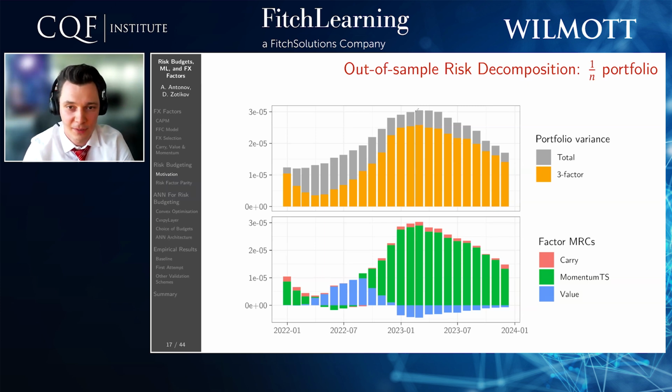Now, to be able to understand this graph, I'm highlighting here this one particular bar is representing the full portfolio variance that we are observing at this moment. Now, the part that is gray, we cannot attribute it to the variation in the three factors.